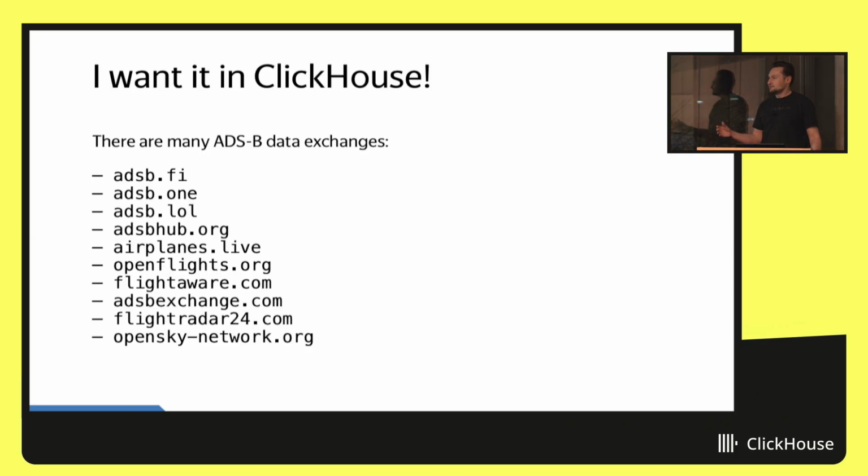And if you just use your own radio and collect this data out of thin air, you will receive it from hundreds of kilometers in this radius. If you want to receive this data from around the world, you have to use one of the exchanges that collects this data from participants, and every participant can receive data from around the world back.